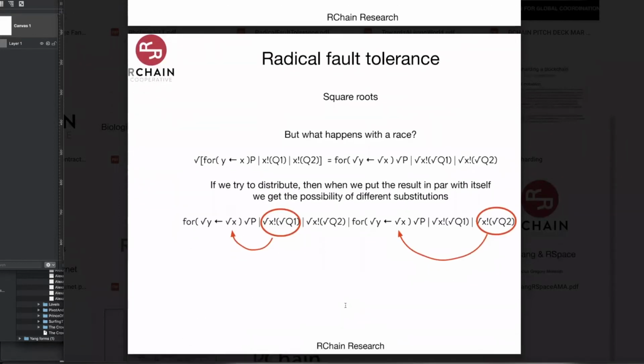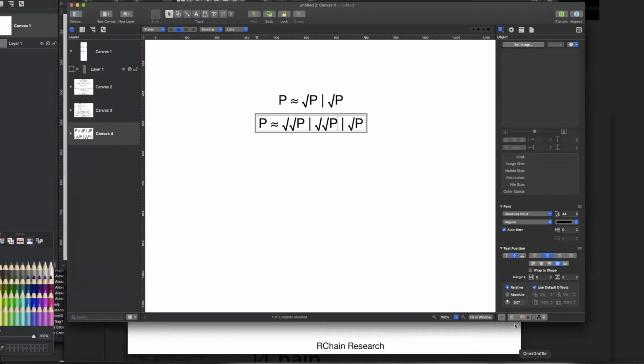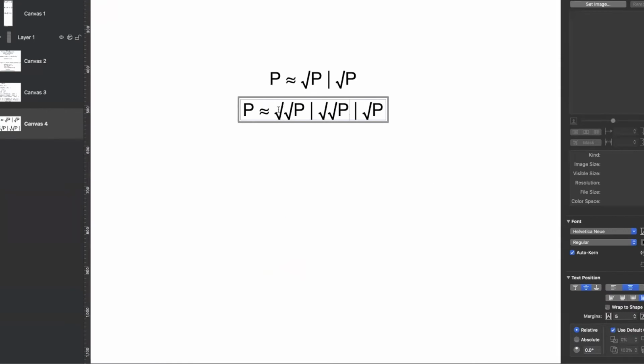Okay, so in that case, that's where you have to worry about things just a little bit. So here, these really are 3 different copies of P, as opposed to just taking the third root of P. So these are not quite right.